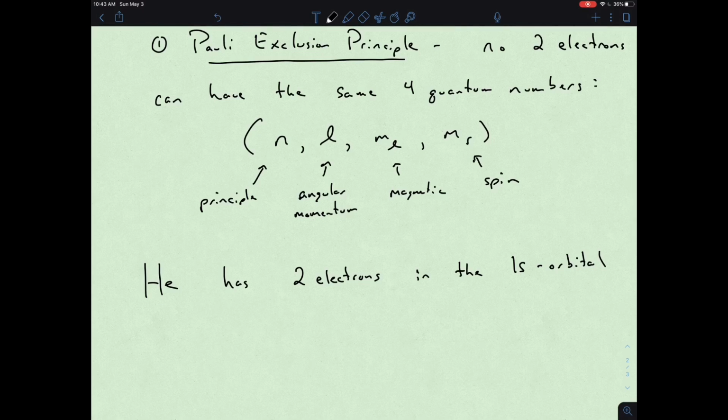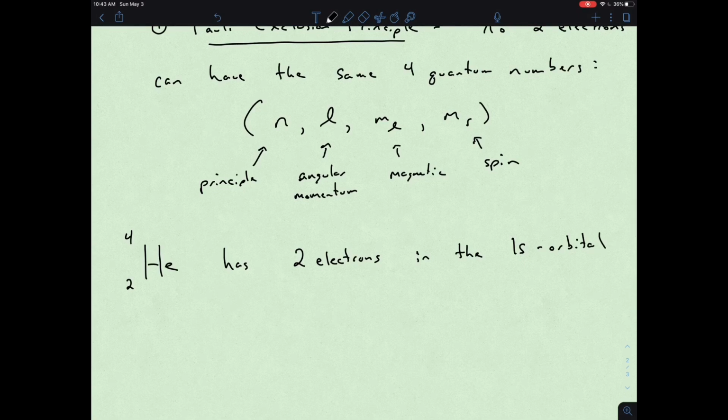Helium has an atomic number of 2 and an atomic mass of 4, and the 2 electrons come from those 2 protons. If I were to draw an orbital indicating the 1s, I would have 2 electrons within that 1s orbital.